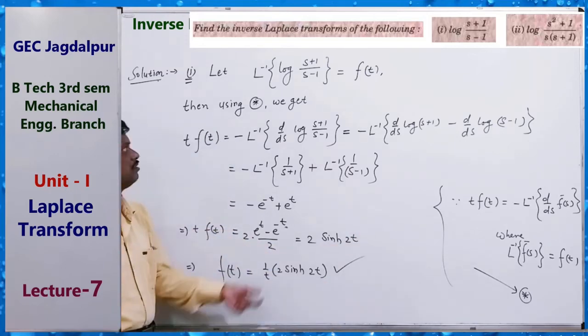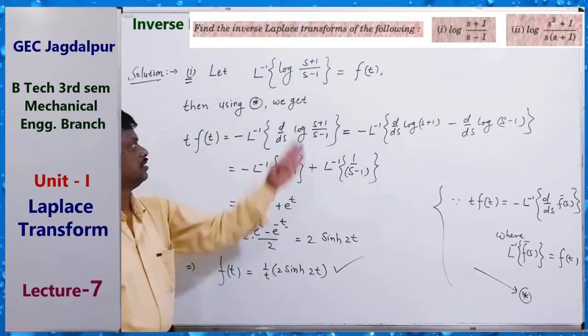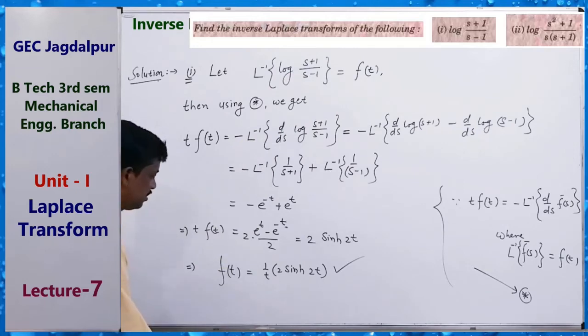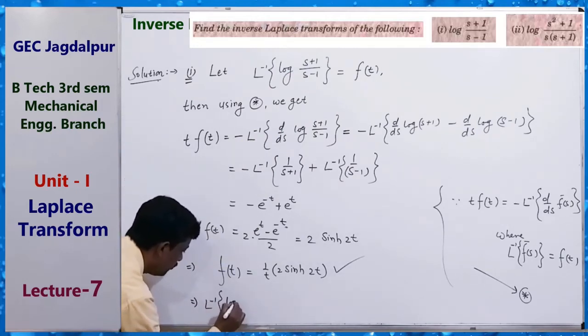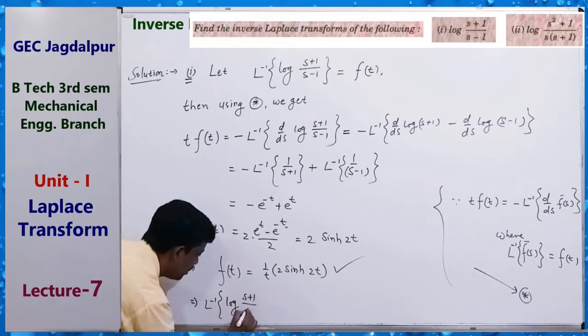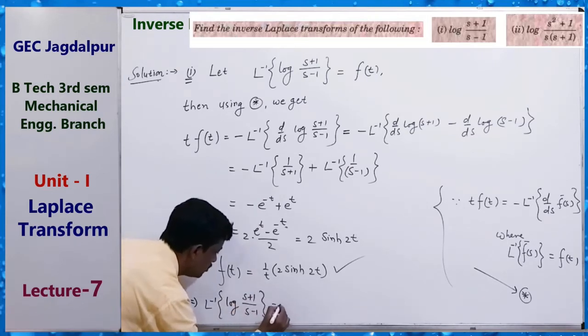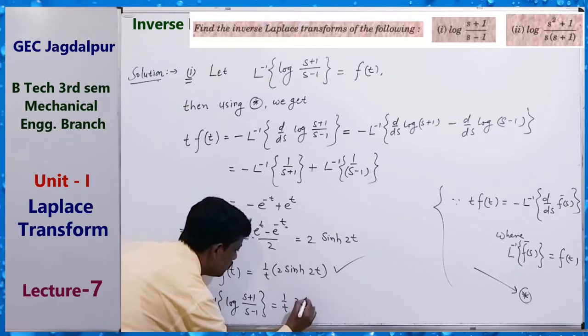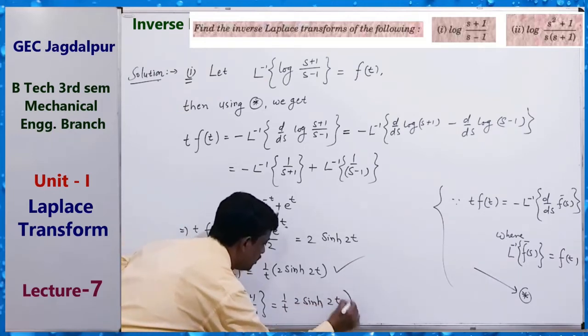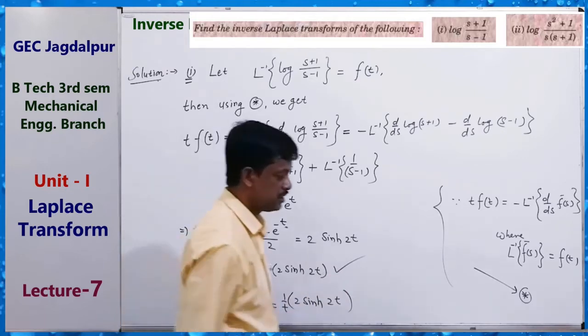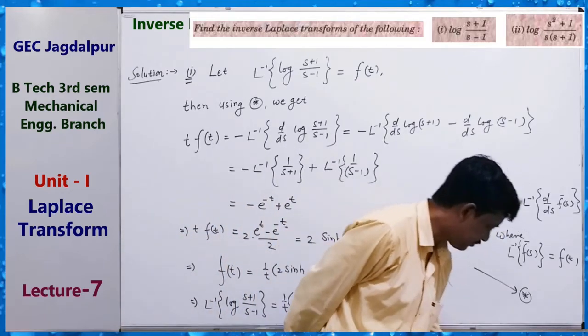f(t) means L inverse of log of this, so this equals this. This implies L inverse of log of (s plus 1) upon (s minus 1) equals 1 by t into hyperbolic sine 2t. Okay, so this is our answer.